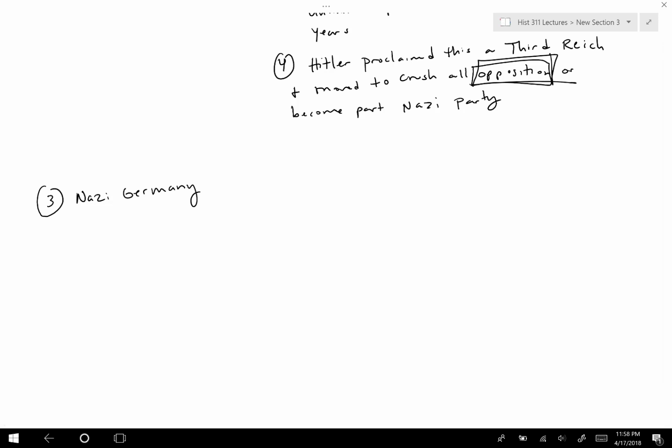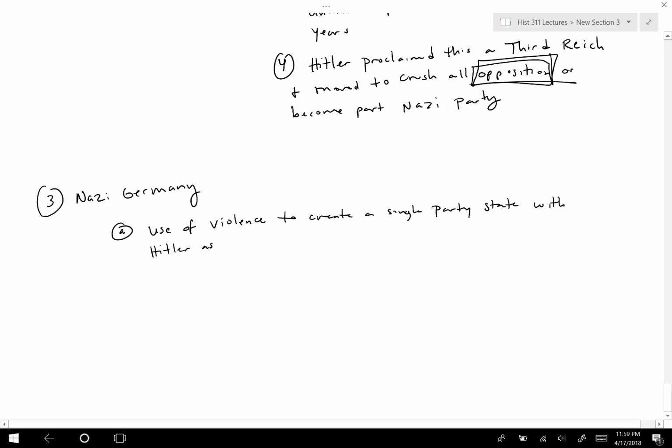Okay, so what happens as you have this transition to Nazi Germany? One of the big things that is characteristic of it is the use of violence to create a single party state with Hitler as dictator and supreme leader, essentially.